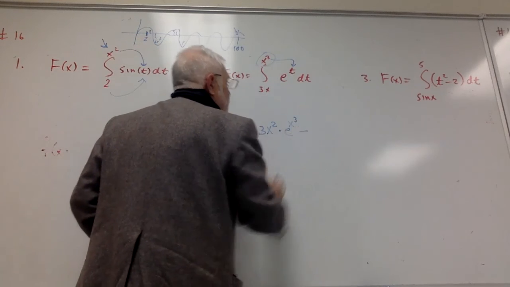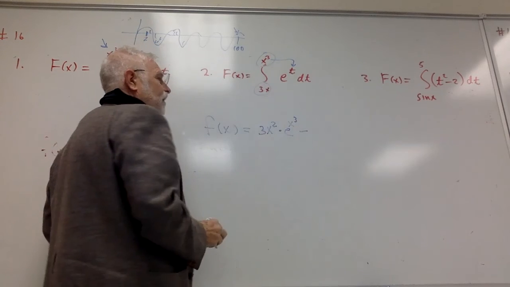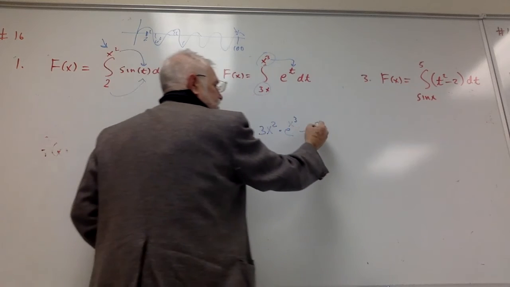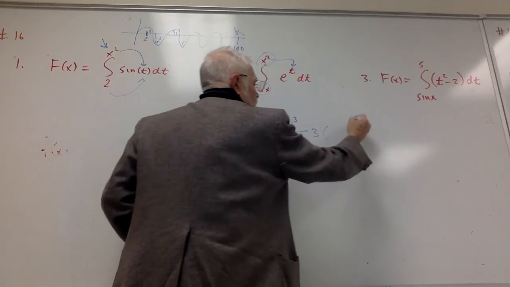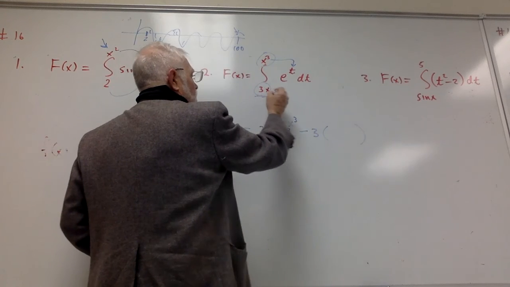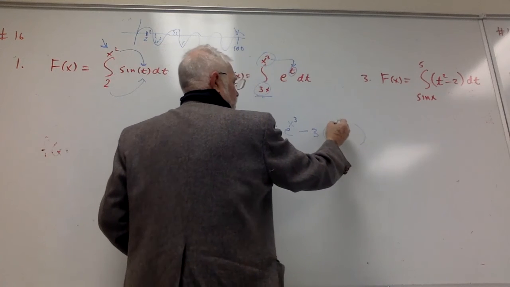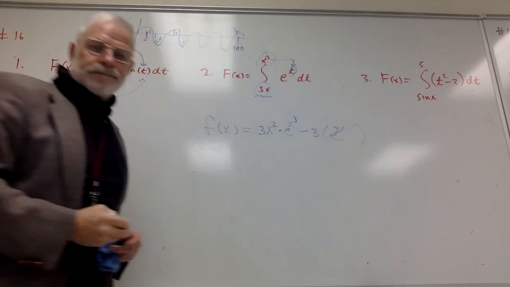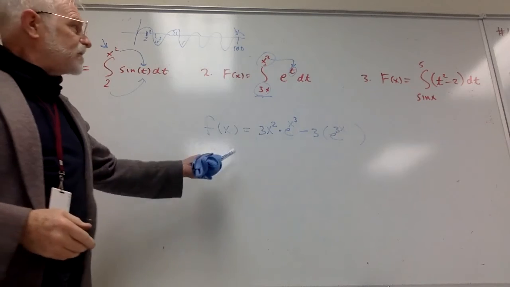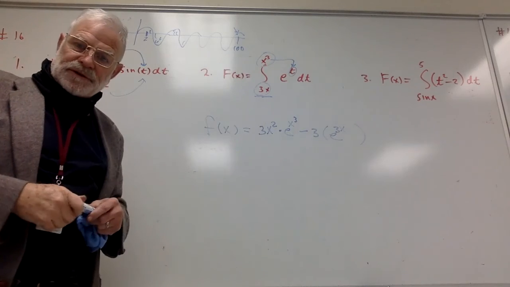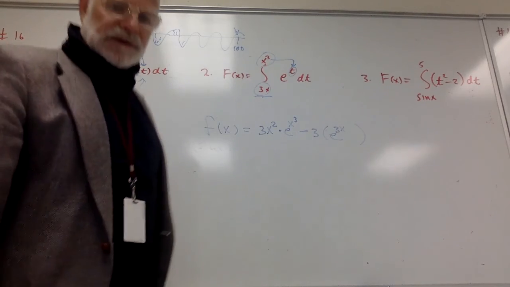Then you subtract. You take the derivative of the lower limit. The derivative of 3x is 3. And then you take the lower limit and you put it into the variable, e to the 3x. That assigns slopes to this accumulation function. Next one.